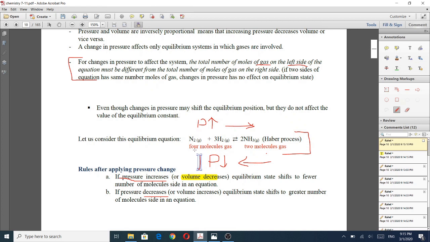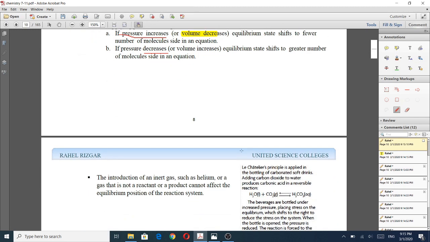As you can see, I have looked at the number of moles of gas in both sides. On the reactant side we have 3 and 1, so in total 4 moles of gas, while in the product side we have only 2 moles of gas. So the direction of the shift by increasing pressure would be towards the right side, from higher moles of gas towards lower moles of gas.